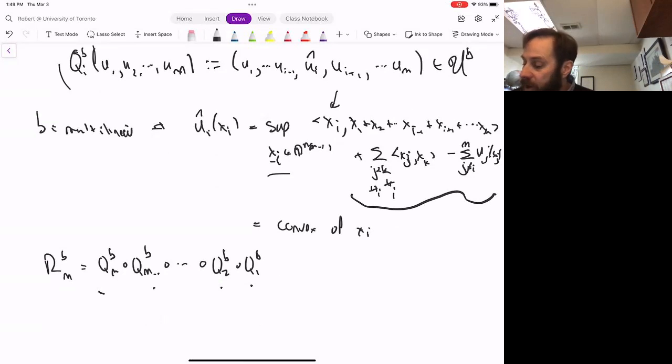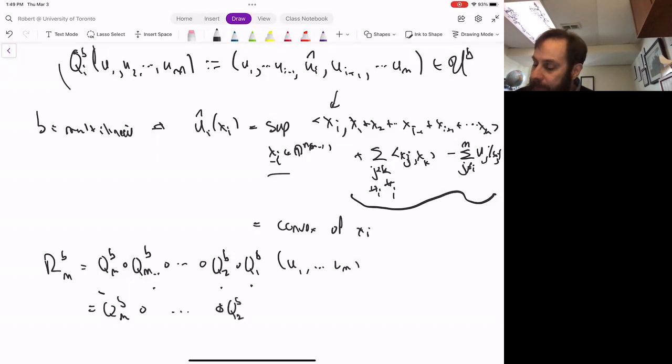I'm going to start out with u1 up to um in the constraint set. And then applying q1, it gives me, this will be like qmb up to q2b.